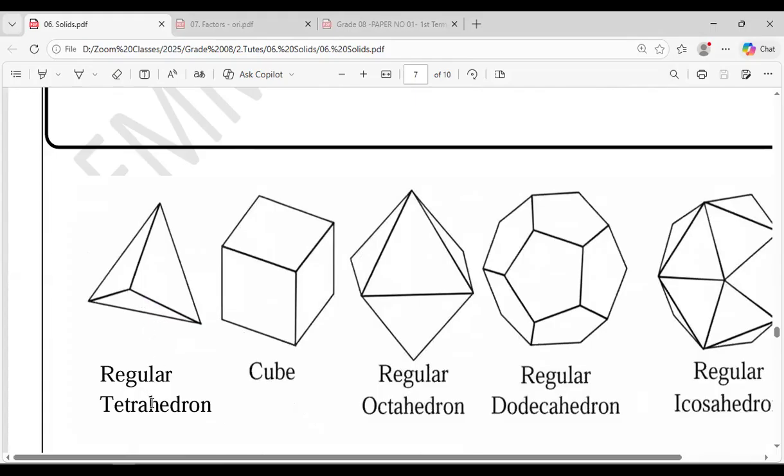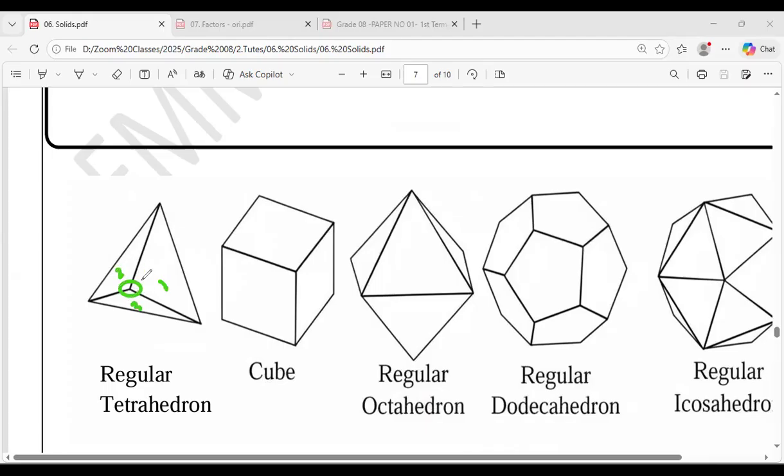When you consider the regular tetrahedron, I am going to consider this vertex and mark the number of faces that meet at it. This is my first face, this is my second, this is my third.